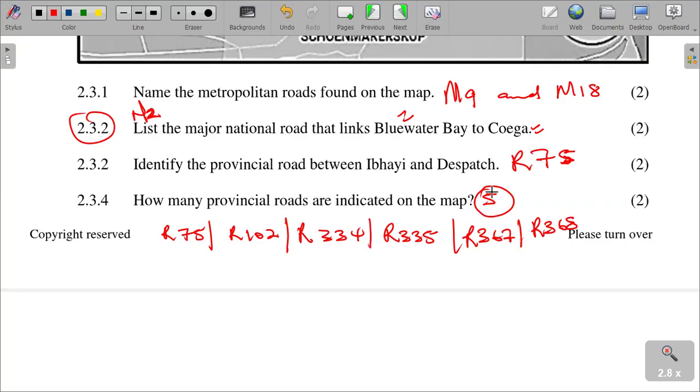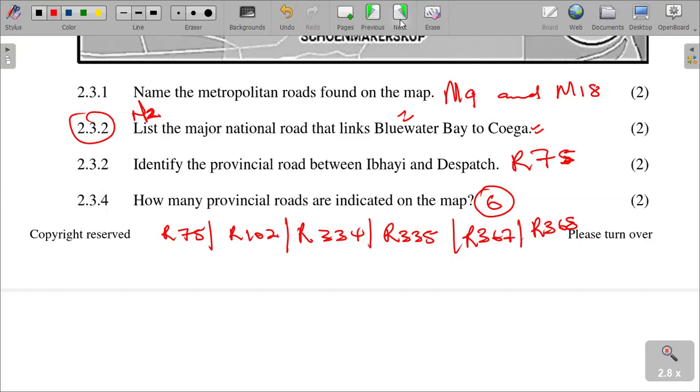Which means there are 6. So we can see that there are 6 here.